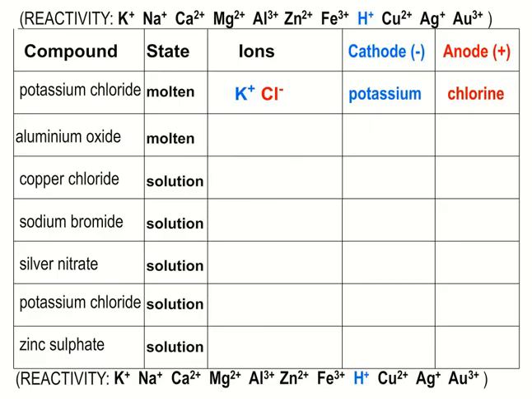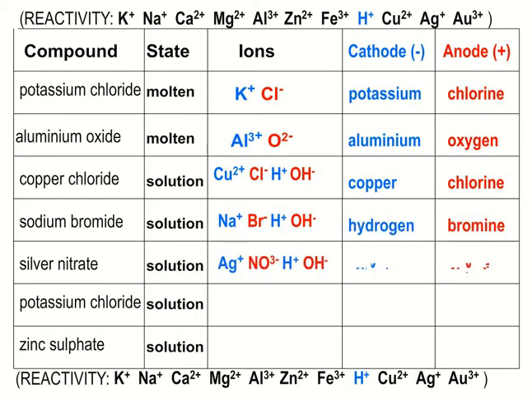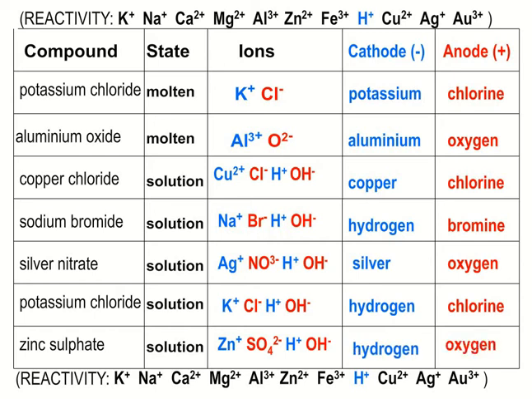Now this is the list of the products obtained at the cathode and anode in electrolysis. Molten potassium chloride gives potassium and chlorine. Aluminium oxide gives aluminium and oxygen. Copper chloride gives copper and chlorine.